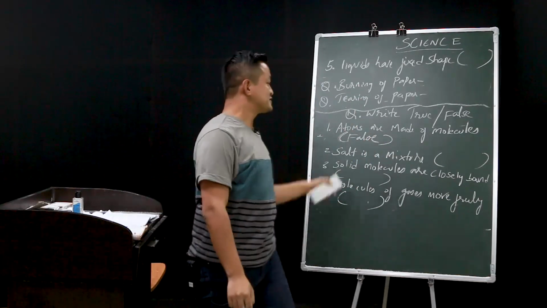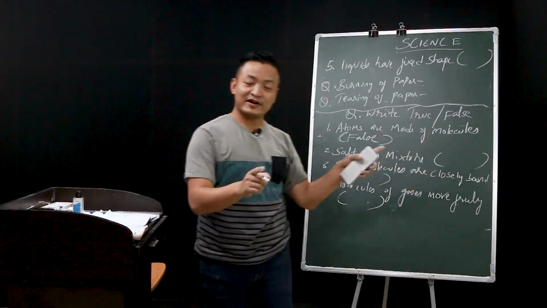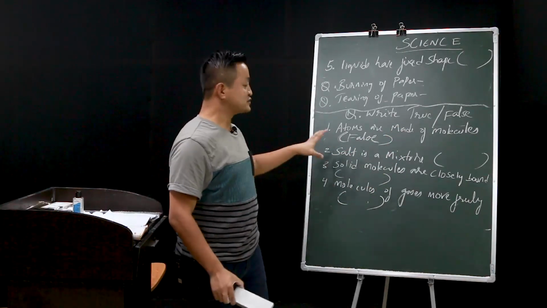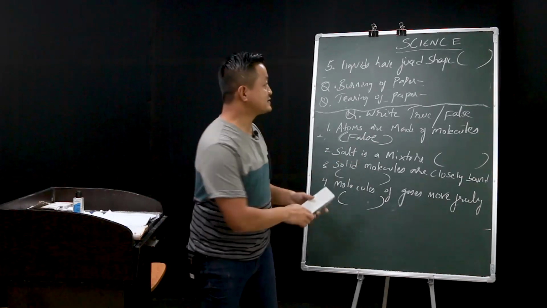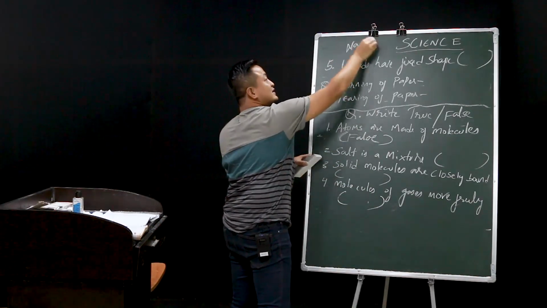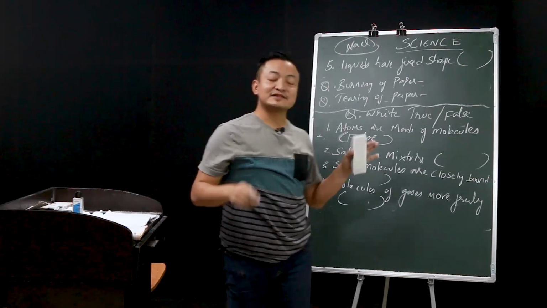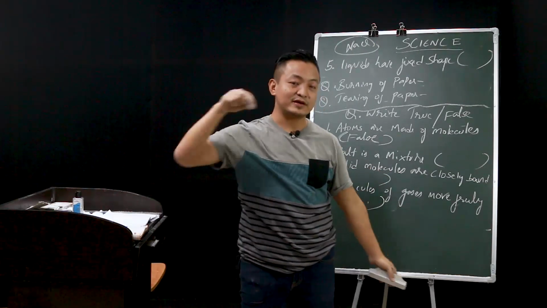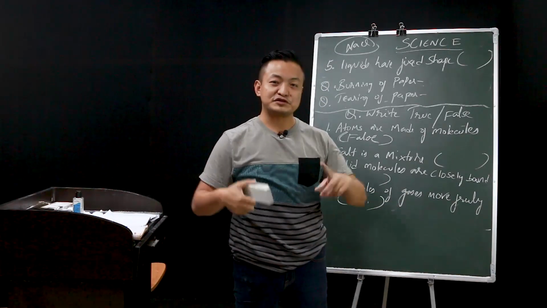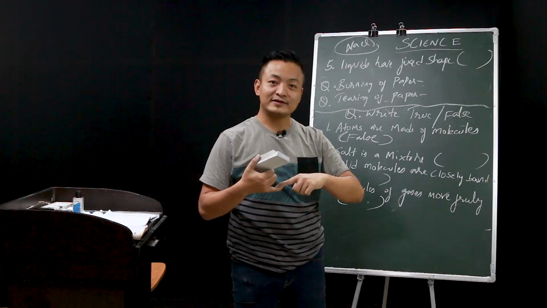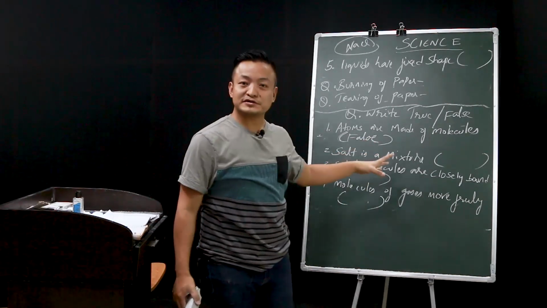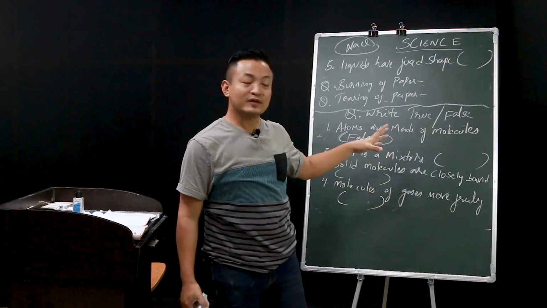Okay, now: salt is a mixture. I have given the difference between a mixture and a pure compound, right? So now salt. Salt is NaCl. NaCl is a salt. Now, like the salad, where you can easily pick the pieces, salad is a mixture which is not joined chemically, right? Now, salt is not a mixture because it is a compound.